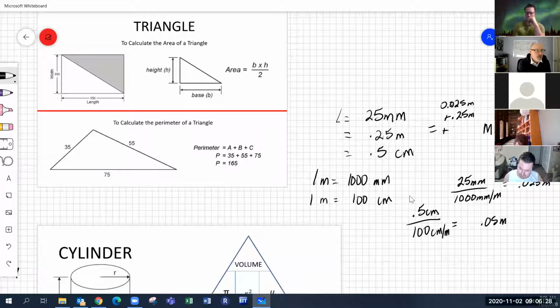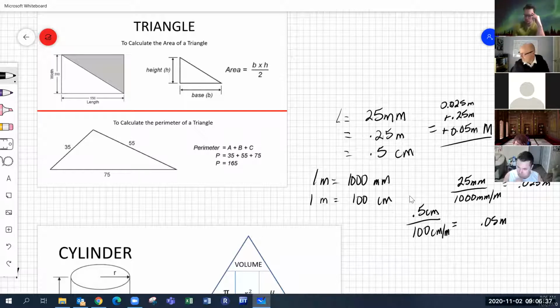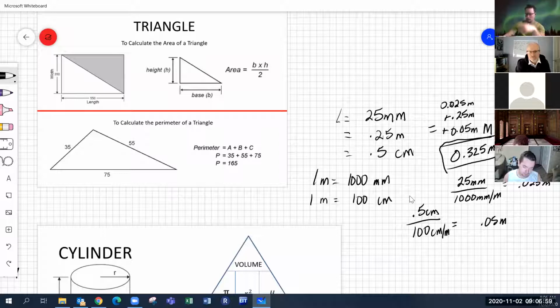And then we add those together. And John, I don't know where you got the 0 from, but the answer is 0.325 meters is the perimeter of that triangle.